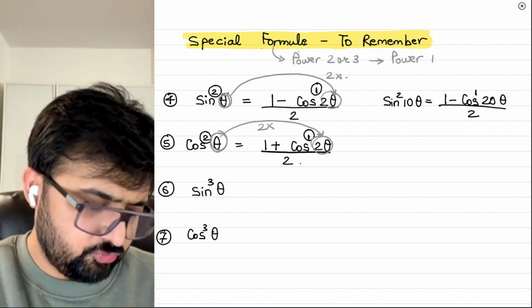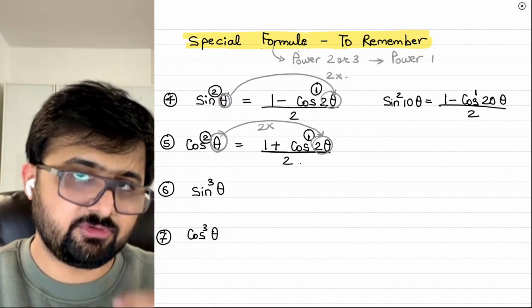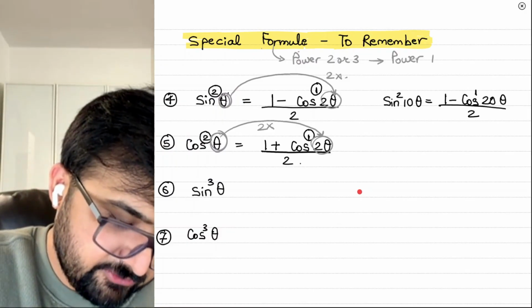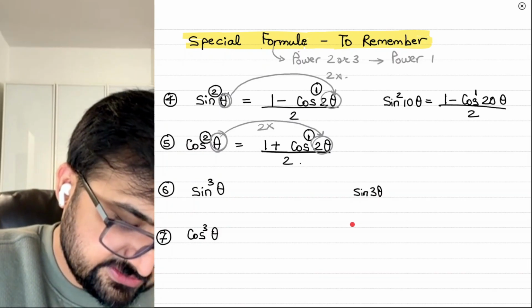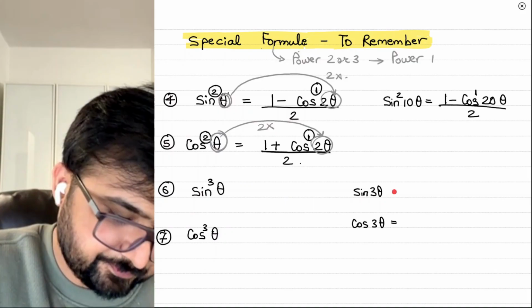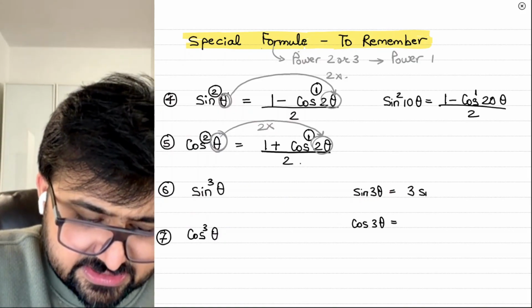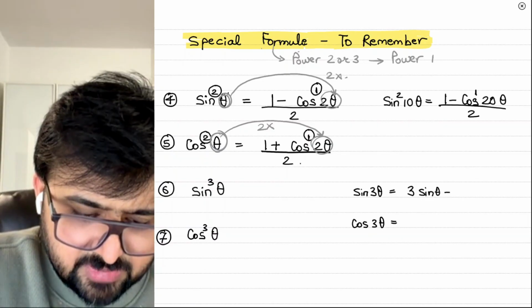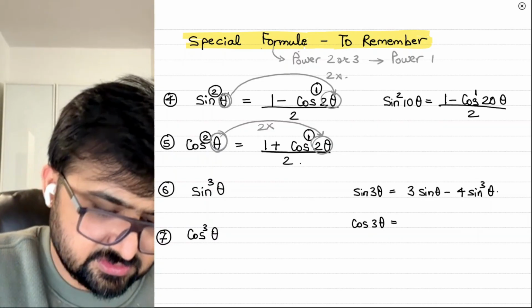For sine cube theta and cos cube theta, in order to convert that to power 1, we use the formulas for sine 3 theta and cos 3 theta. So sine 3 theta, the formula is 3 sine theta minus 4 sine cube theta.